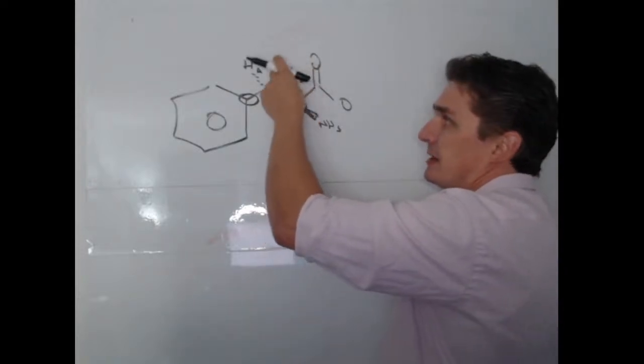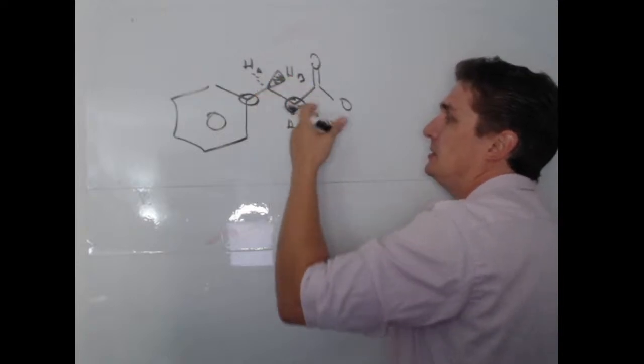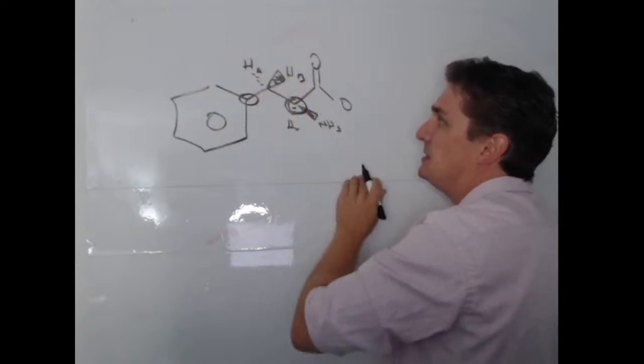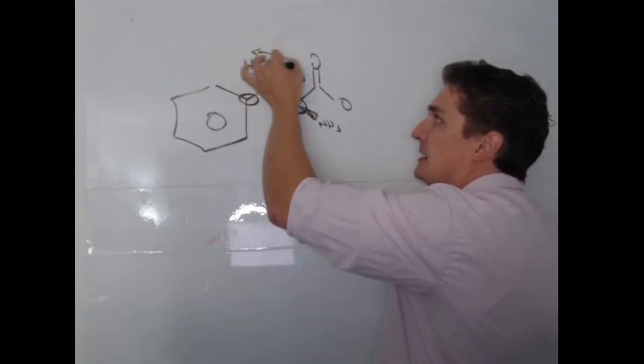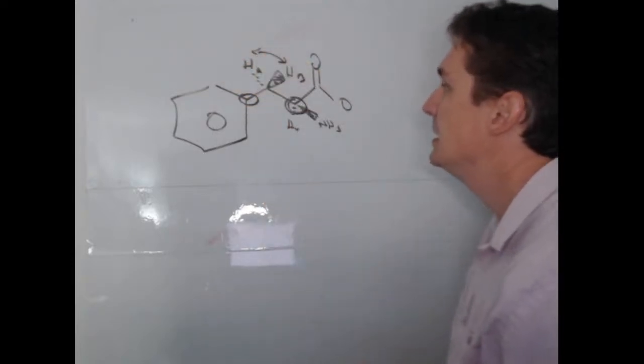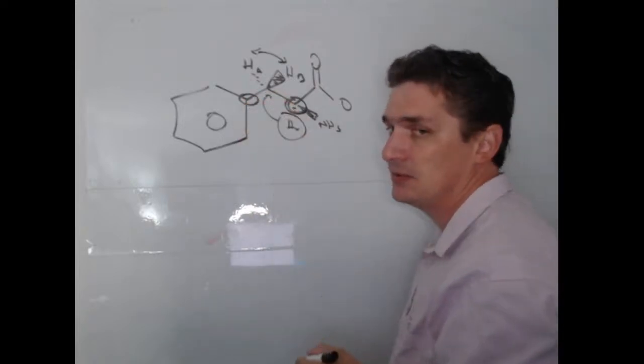So this one is trans, it's on the opposite side from the HE, this one's on the same side. So because there is an asymmetry in the magnetic field, these two look differently. They have the same chemical shift, but they end up splitting each other. And then you have the adjacent hydrogen, which ends up splitting those further.